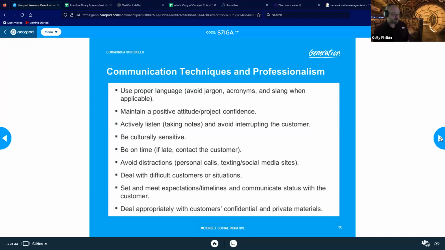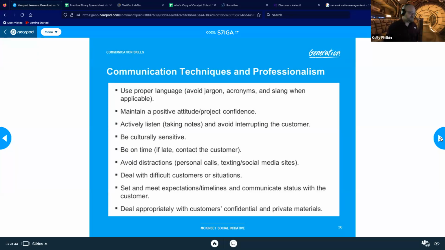If I'm dealing with a coworker, I'm likely going to use shorthand form language. I'm going to use more jargon, acronyms, and fun stuff like that because they're going to understand exactly what I'm saying. When I'm communicating with a customer, I'm going to use more layman terms and explain things in more simple terms. Try to maintain a positive attitude.